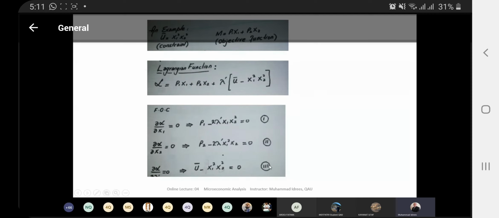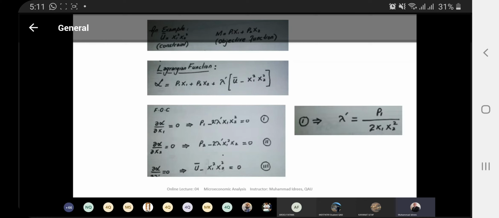Now if we simultaneously solve these three first order conditions, we'll get the Hicksian demand functions. So you can see that from equation number 1, we derived the value of lambda prime. And similarly, from equation number 2, we derived the value of lambda prime. Since both are equal to lambda prime, we can put them equal to each other.